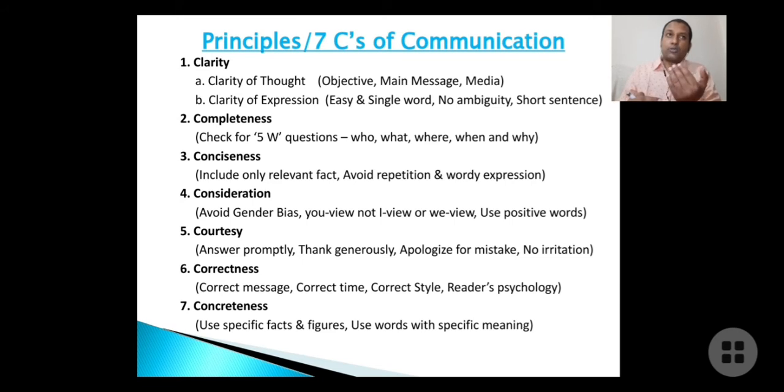What's the psychology, what's the tendency of the reader, what does the reader want to understand, in which way you have to understand the psychology of the reader. Then it will be easier for you to send a message and to make it meaningful.